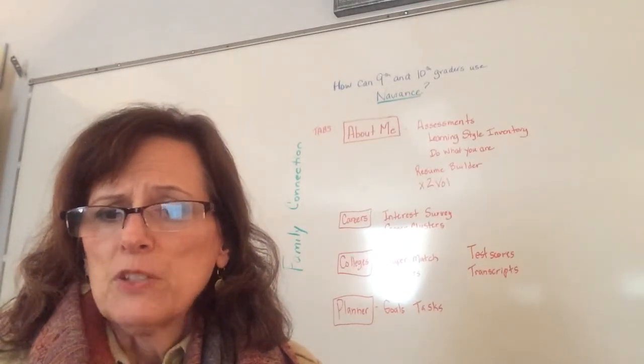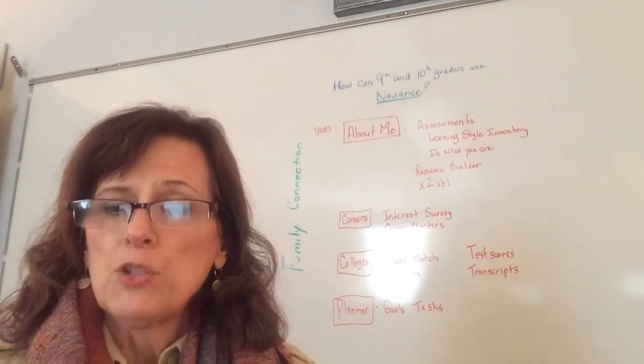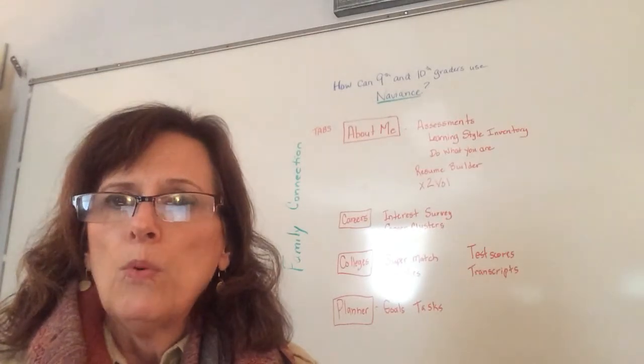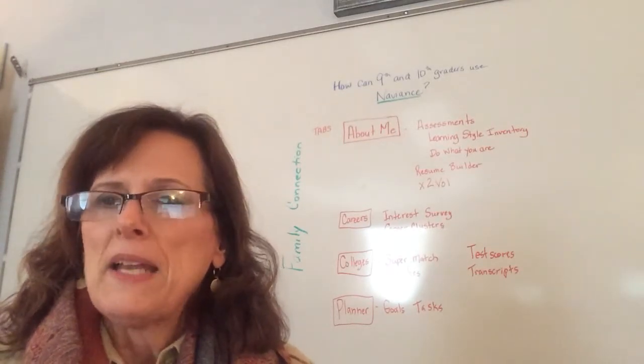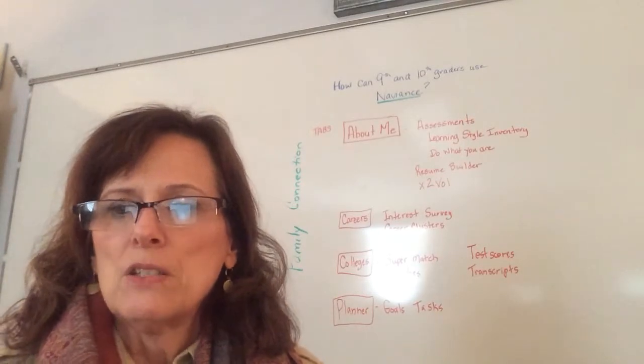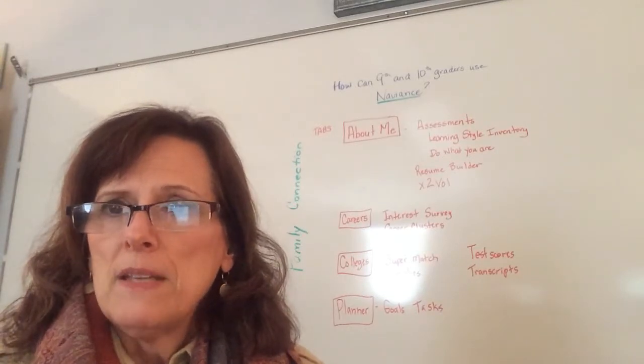Another of the tabs is careers. And so this is going to have some inventories about interests, career cluster areas. We know they feel not sure, probably 98% of the kids, and so this is a way for them to explore a little bit. Naviance has amazing videos.